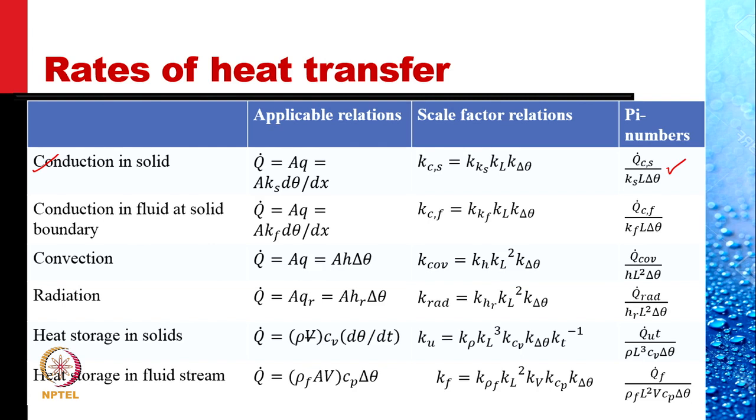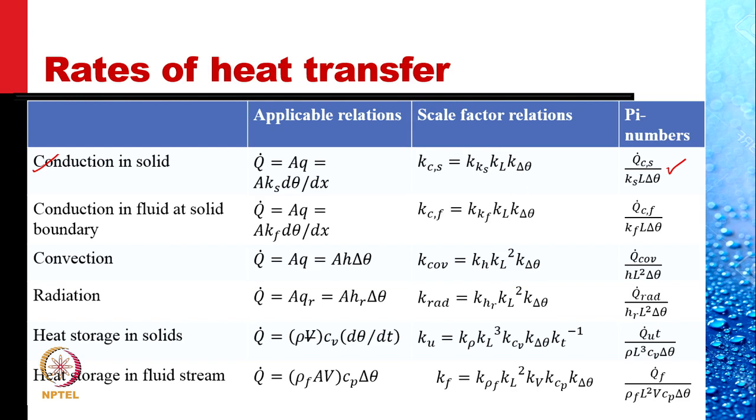Conduction of fluid in solid boundaries. It is within the fluid. At the solid boundary, the heat is transferred through conduction alone because the velocity at the boundary is zero.